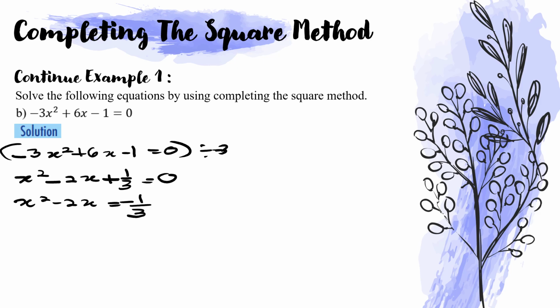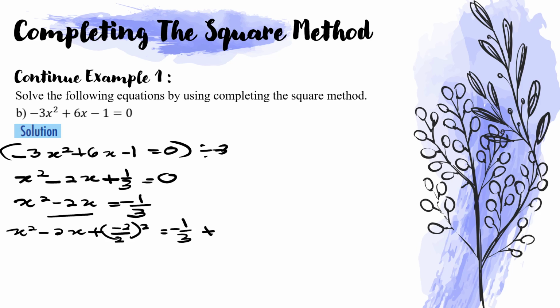And then what you need to do, add the coefficient of x over 2, to the power of 2. So what is the value of the coefficient of x here? Negative 2. So x squared minus 2x, you add negative 2 divided by 2, to the power of 2, is equal to negative 1 over 3.